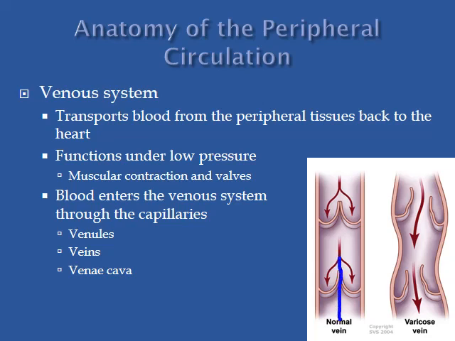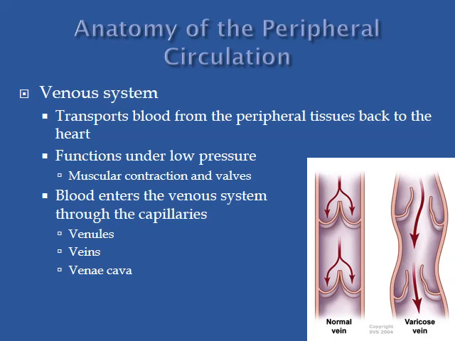Blue blood, unoxygenated blood, moves up the veins during the contraction or systole of the heart. When it stops contracting, the diastole, blood flows back and gets caught in these valves, and the process starts over. With varicose veins, these valves are broken.